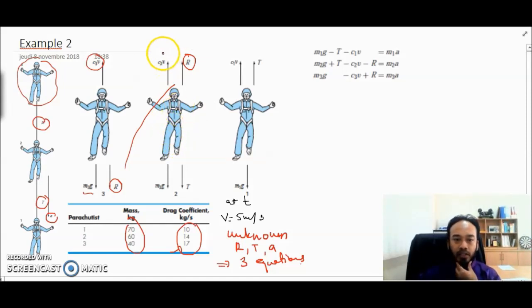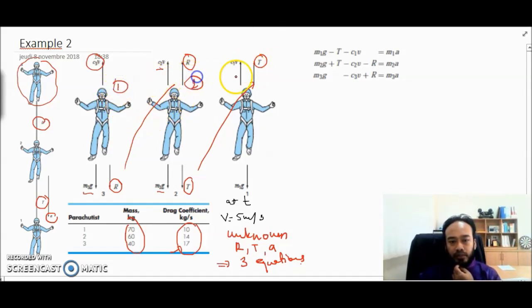The same thing. Now you have the force related to the drag coefficient, the mass, and here you have another tension T, which connects body number 2 with body number 1. So we find again here T, and so on. So from the three free body diagrams and writing your dynamic equations, it leads you to a system of 3 equations.